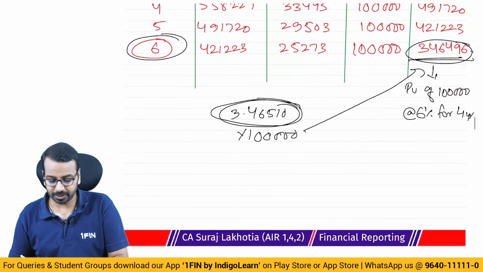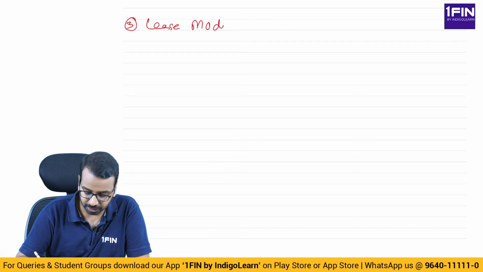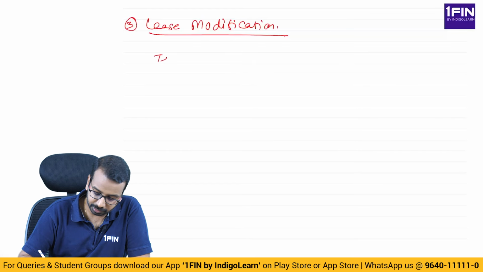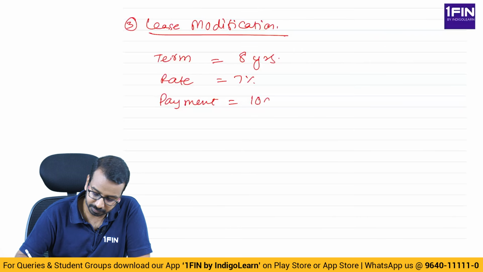Now what has happened is, here the lease has been modified, correct? So what is the lease modification? Lease modification is, in this scenario, term is equal to 8 years, rate is 7% and payment is your 1 lakh.